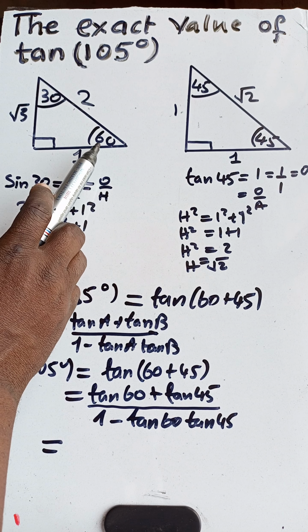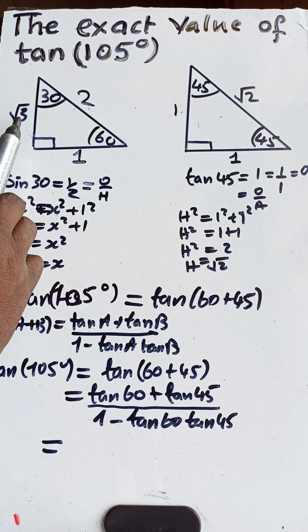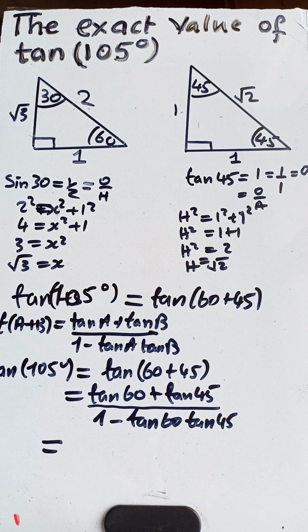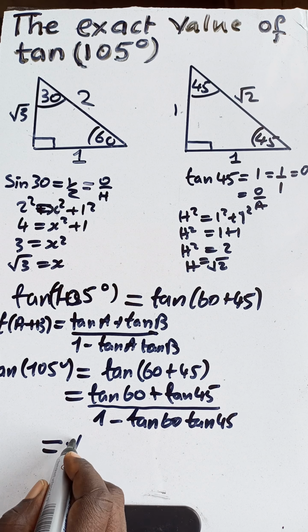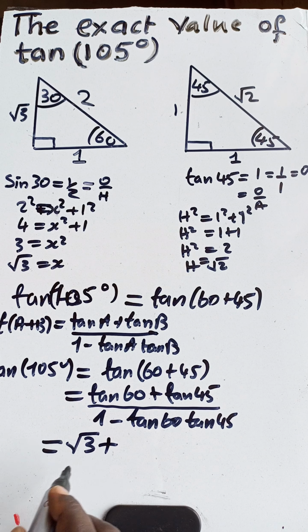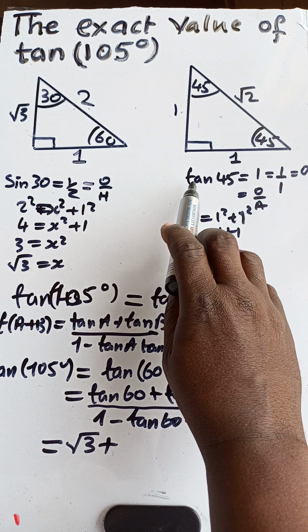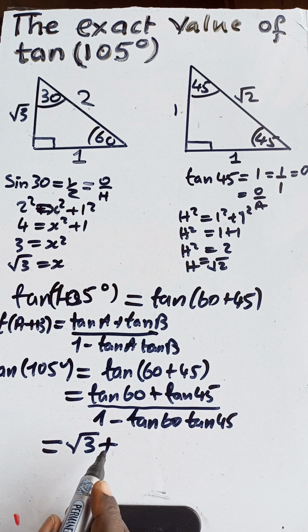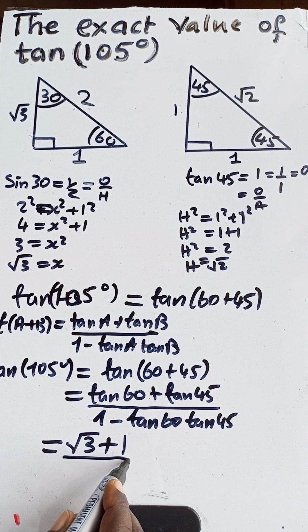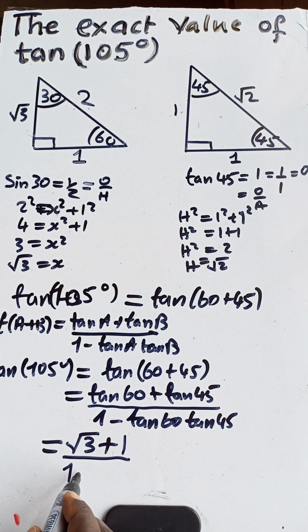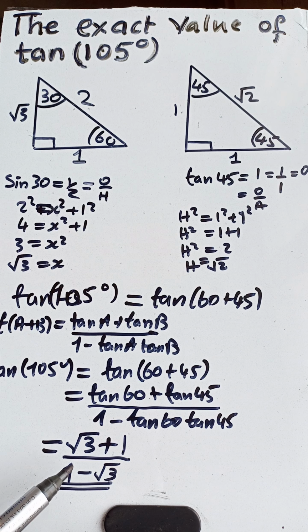This is angle 60. The tangent is opposite over adjacent. So tan 60 is root 3. So that gives us root 3 plus, tan 45 is 1, so plus 1, all over 1 minus, tan 60 again is just root 3 and tan 45 is 1, so minus root 3. So this gives us the exact value of tan 105. This is the exact value.